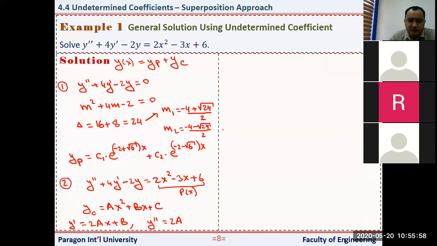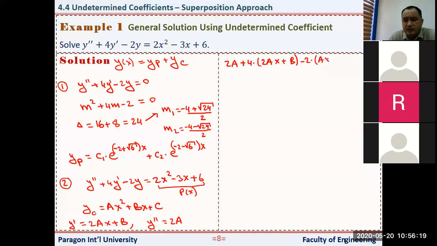If I substitute here, what do we have? 2A, this thing, plus here we have 4 times y', which is 2Ax + B, right? And here we have minus 2 times y. What is y?